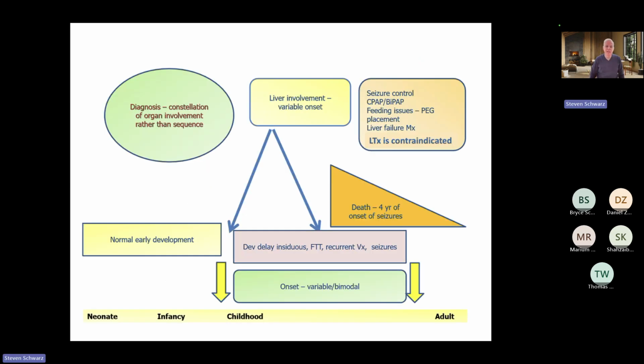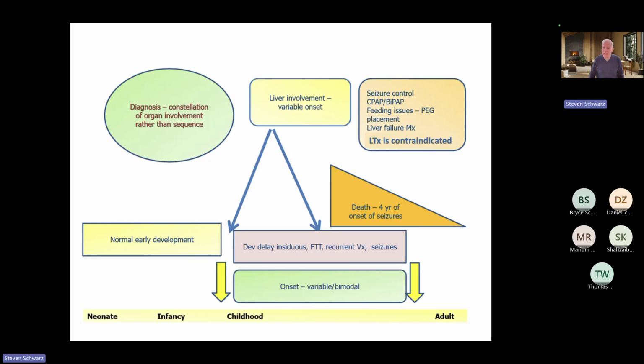Again, the diagnosis is dependent on a constellation of organ involvement rather than the sequence. Some patients may have normal early development. Liver involvement can be variable. Later on, seizure disorders may be evident. One of the things to remember for the vast majority of these patients, one makes the diagnosis of liver failure related to a respiratory chain disorder.